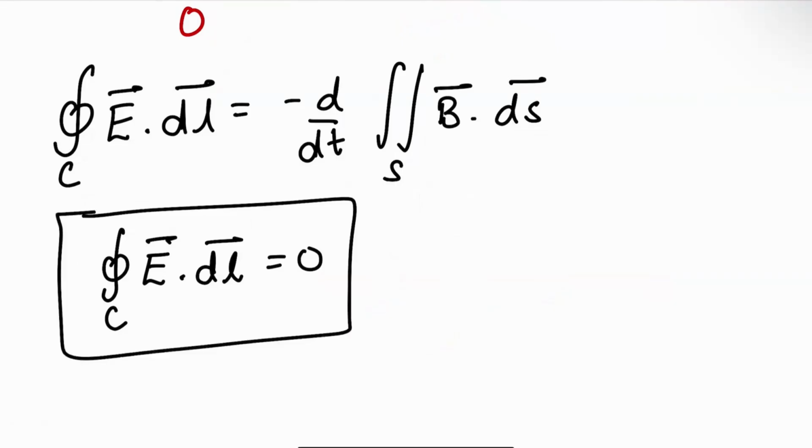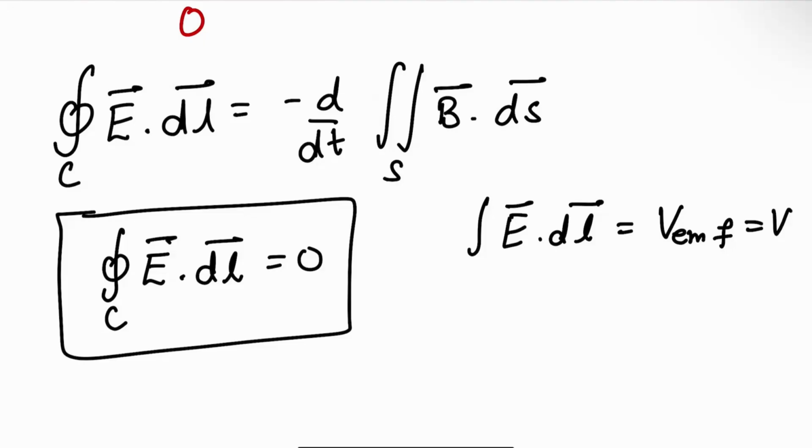Because in electrostatics, the integral along any curve of E dot dl is actually a voltage. It's not exactly the definition of voltage, it's the definition of EMF. But V_EMF is equal to V in electrostatics. And we'll see that maybe later when we do potentials, but essentially in electrostatics, curl of E is 0, so it's a conservative field.